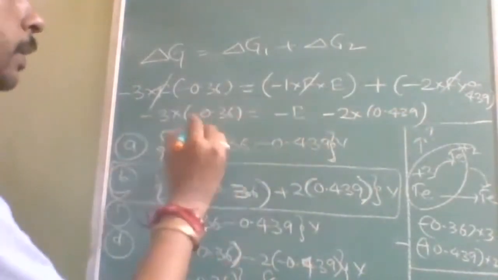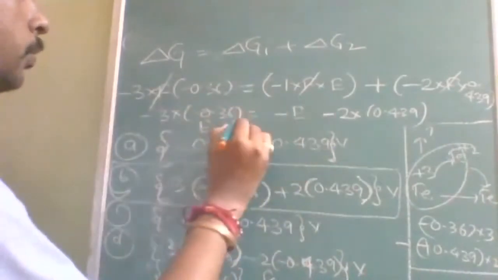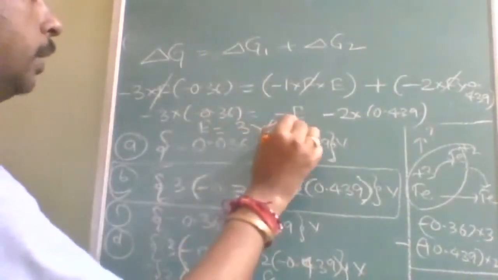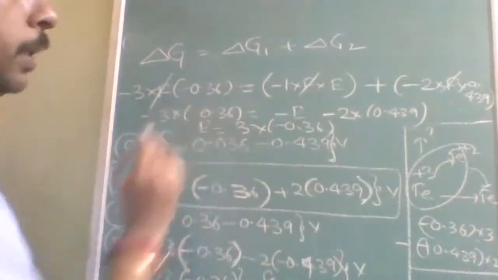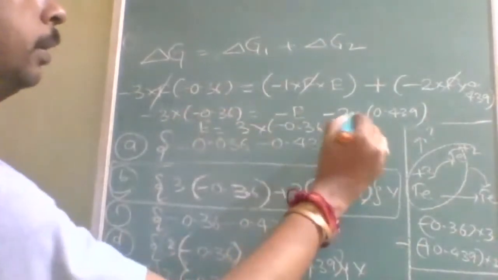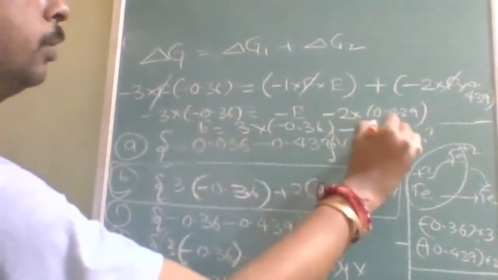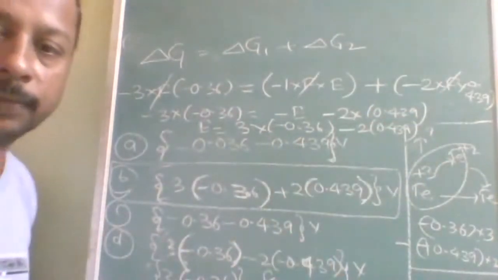When I bring this to this side, E is equal to 3 into minus 0.36, this minus will become plus and this minus will remain as it is, and minus of 2 into 0.439. Now you tell me any problem in this one.